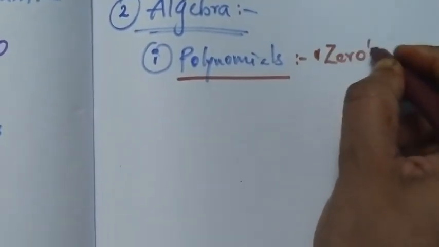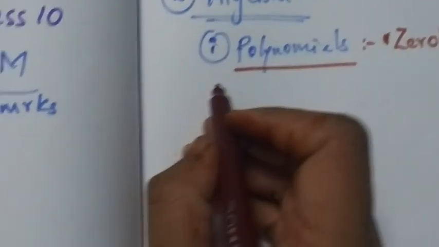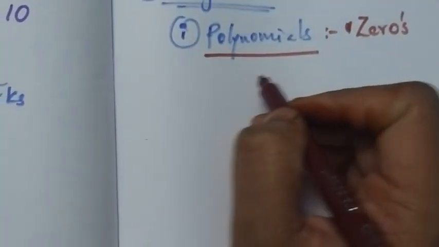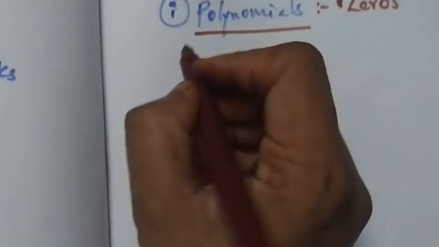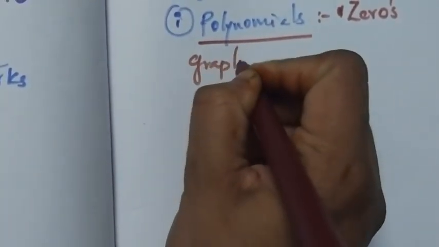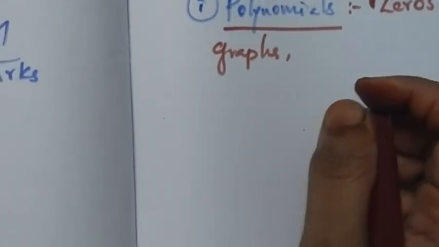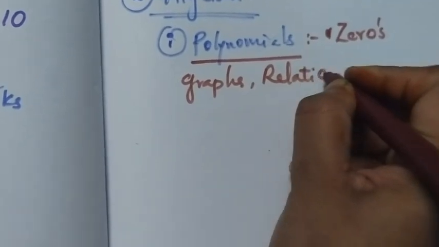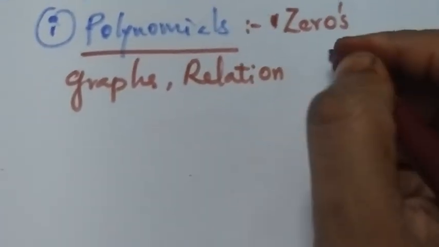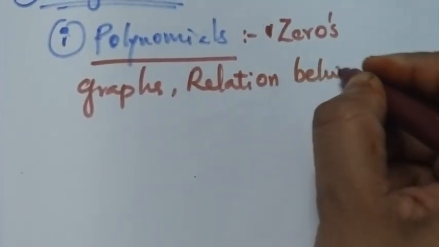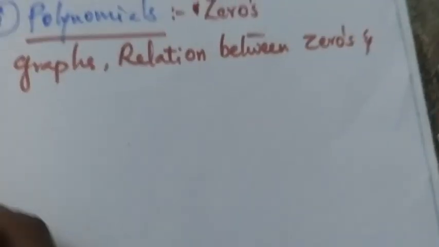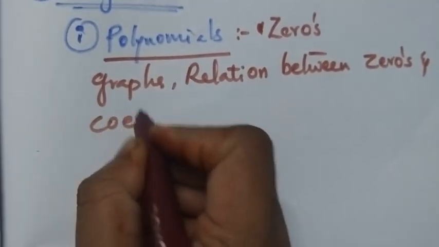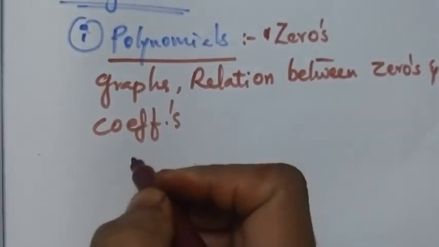Zeros and the geometric meaning of zeros of quadratic and cubic polynomials using graphs. Graphs are very important, children. Relation between zeros and coefficients of a polynomial.